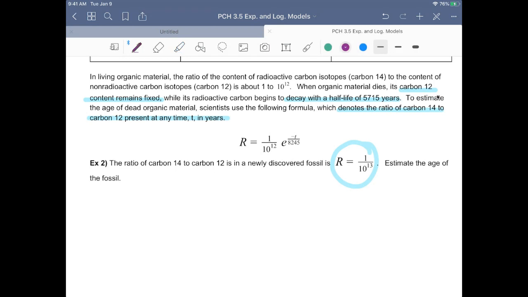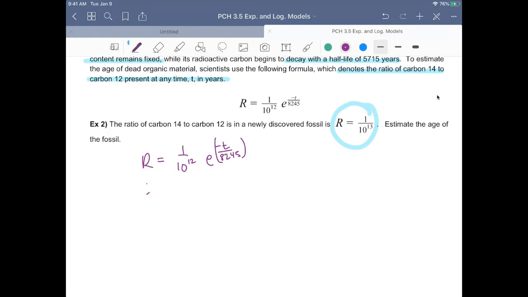So I have r equal to 1 over 10 to the 12 times e to the negative t over 8,245. Our r value is 1 over 10 to the 13, so 1 over 10 to the 13 is equal to 1 over 10 to the 12 times e to the negative t over 8,245.